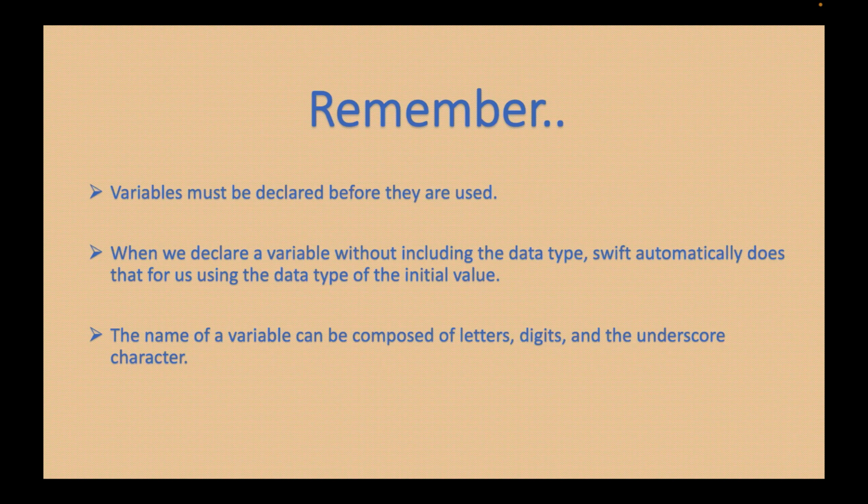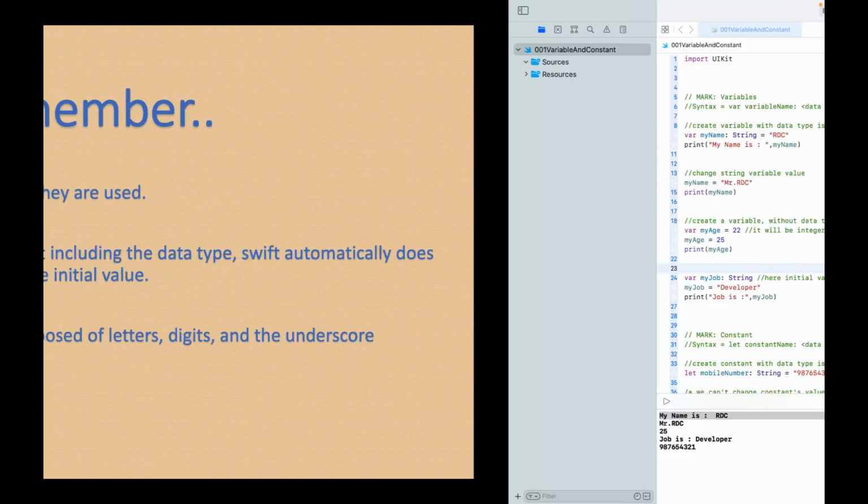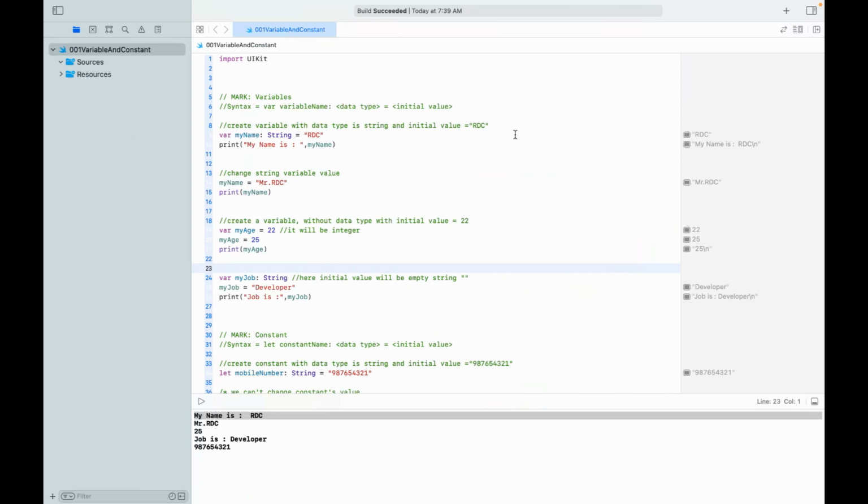Now let's go to Xcode, and using the playground we will try a few examples. Okay, here is Xcode and I have created a sample example. So for time saving I have written it already. I will explain each and every line and statement for you. I'll tell you one thing, how you can create this file.